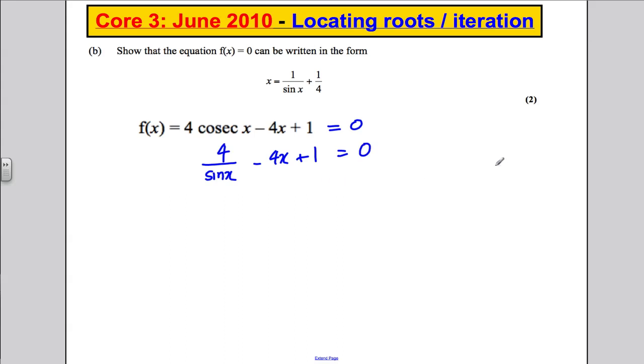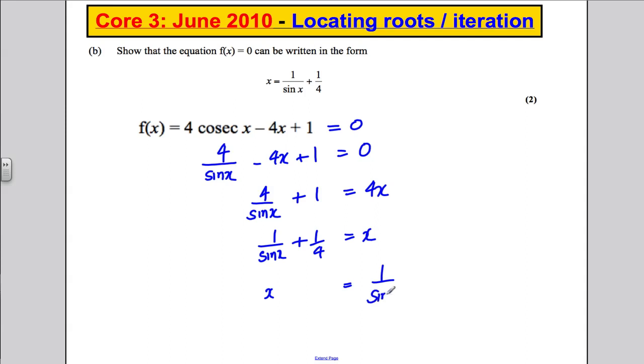I can add 4x to both sides, so 4 over sine x plus 1 is equal to 4x. Then I could divide both sides by 4, so this divided by 4 would simply be 1 over sine x. This divided by 4 would be the quarter we're looking for, and I would get x is equal to that, which is what we're after, just the other way around. X is 1 over sine x plus a quarter. And we have rewritten f of x is 0 in the form required.